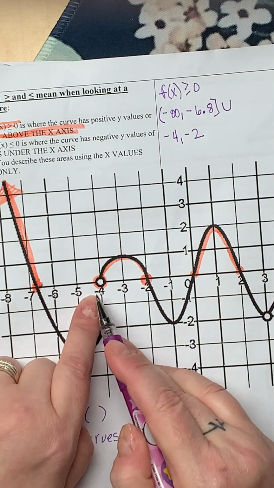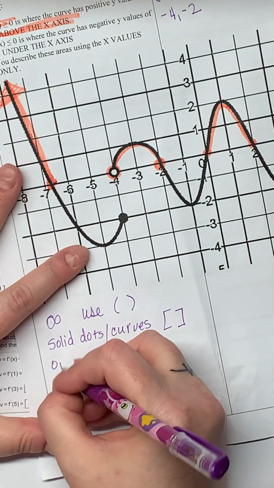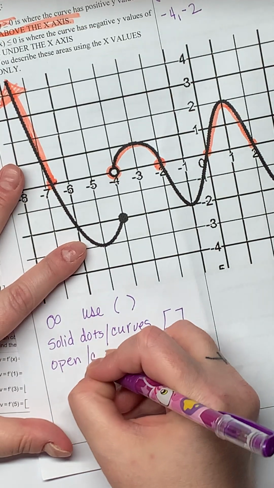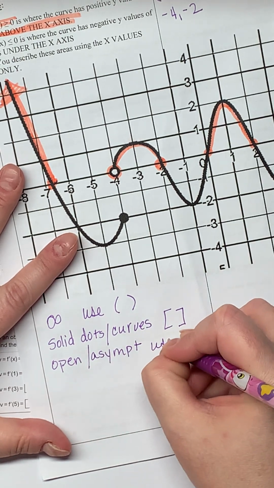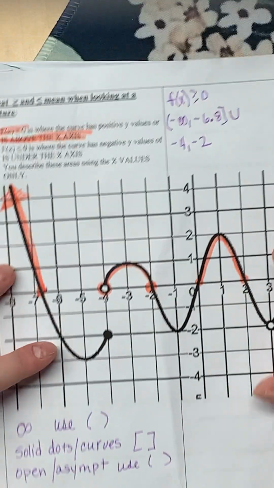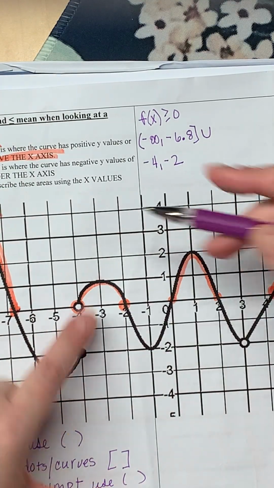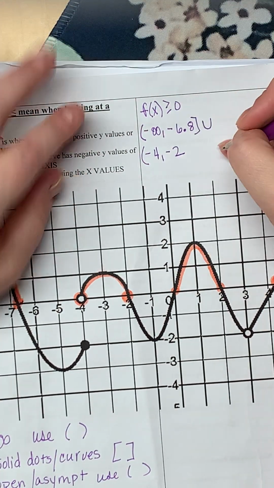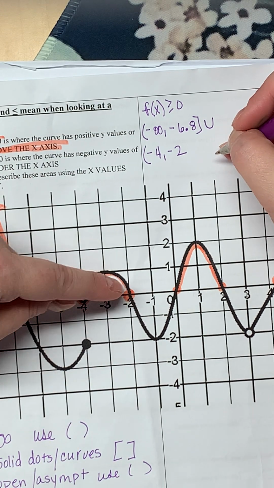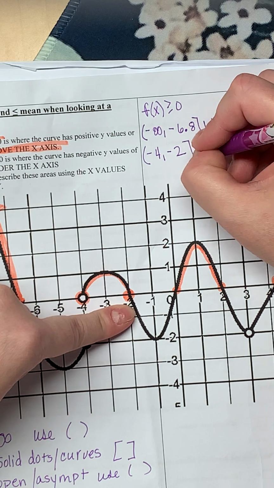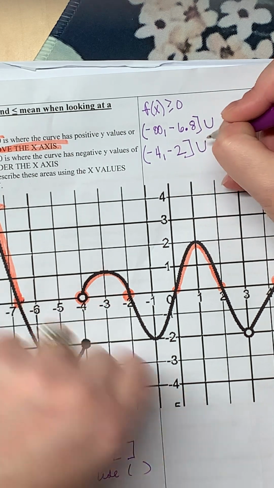And on the left, there's an open hole. Open holes and asymptotes use parentheses. So right here at -4, we're going to have a parentheses. Right here at -2, it's not a solid dot, but it is a solid curve, so we use a bracket. And then U, there's another one.